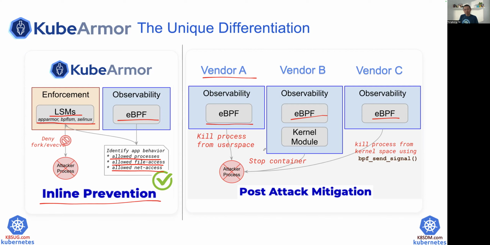Once they detect the problem, they will kill the process from the user space. It's good, you find the problem and kill the process from the user space. But from the time you detect the problem until you kill the process, the damage probably already happened.